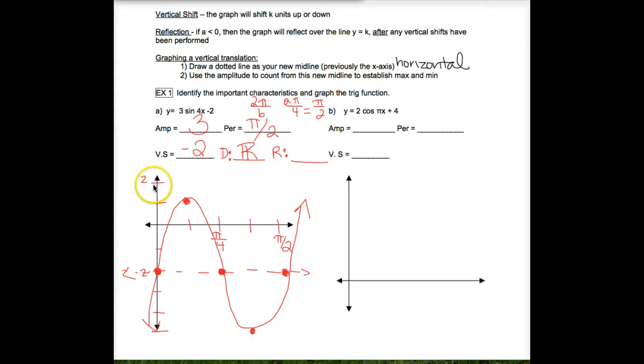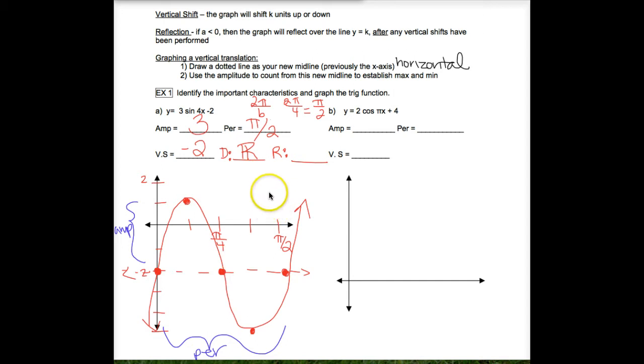Notice again that from here to here is the amplitude. From here to here is the period. So period is the horizontal length of one full cycle. The amplitude is the distance from the midline to the max, or from the midline to the minimum would be the same.